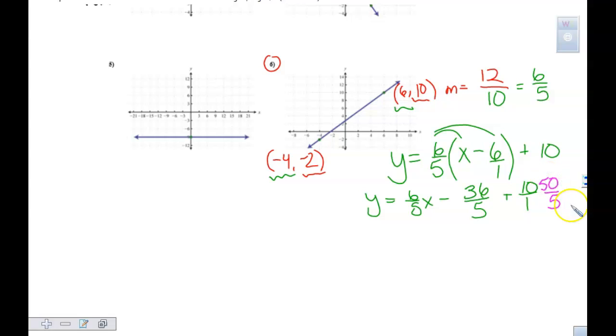Why do I want to do that? Because now I have a negative 36 plus 50. What is negative 36 plus 50, or 50 minus 36? That gives us 14, so 6/5 x minus 14/5.